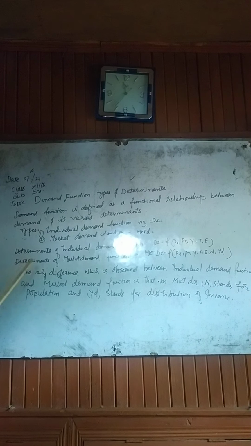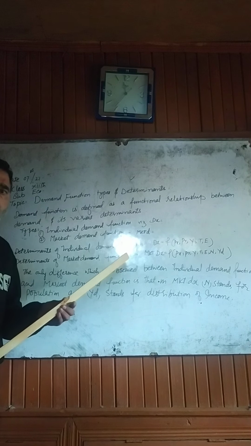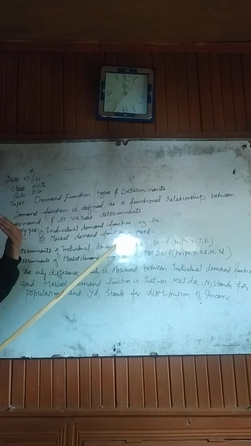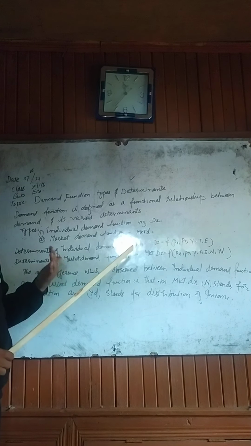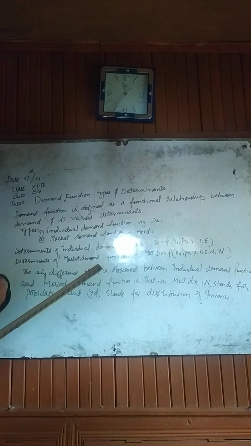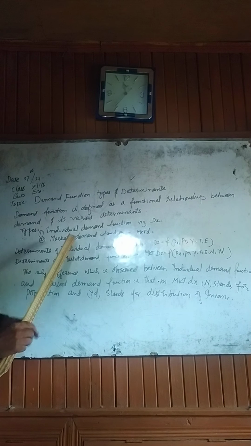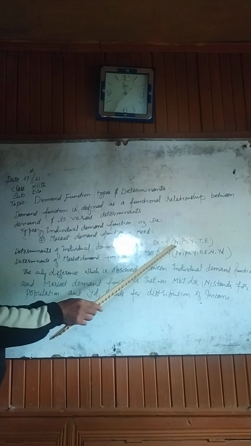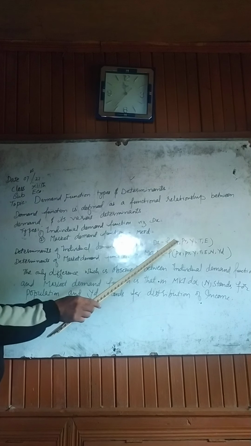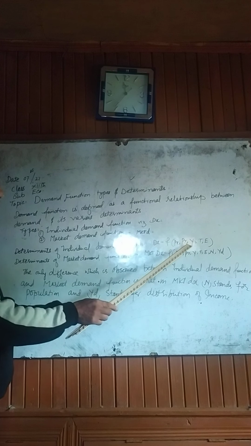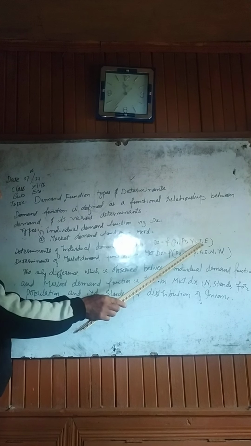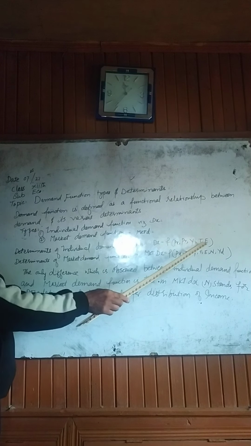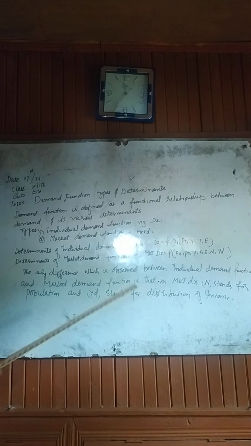So far as individual demand function is concerned, it refers to the desire or demand of an individual for a commodity, which is also determined by price of commodity X, price of the related good, income of the consumer, tastes and preferences of the consumer, and expectations of the consumer.